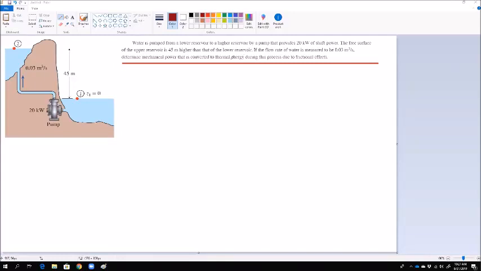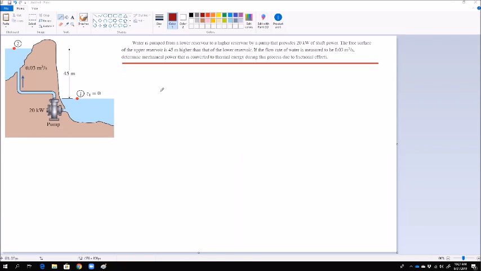Okay, this is a problem about general energy transfer and energy balance in systems. It shows a pump that is pumping water from a lower reservoir lake to a higher reservoir, and the input power to the pump is 20 kilowatts.